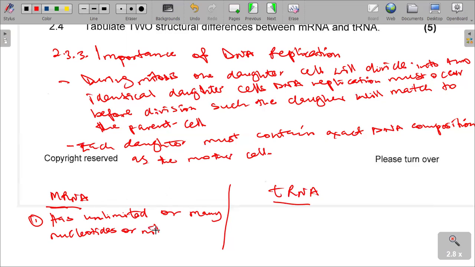We can compare this with tRNA, which has only 3 nitrogen bases or 3 nucleotides.